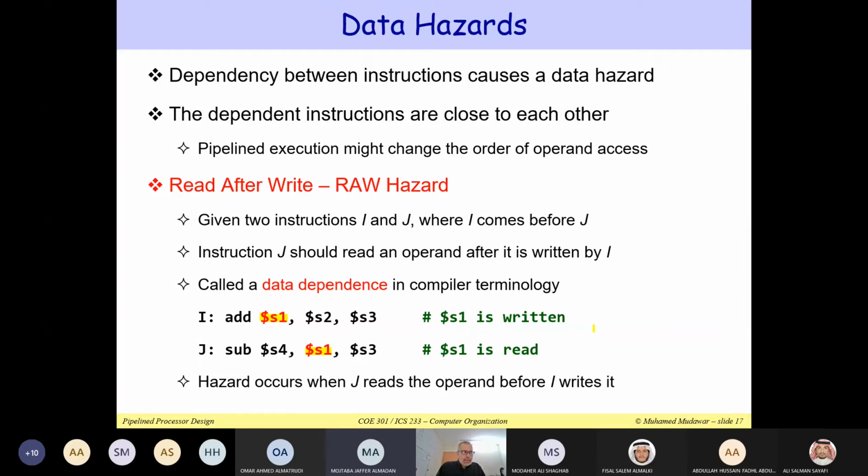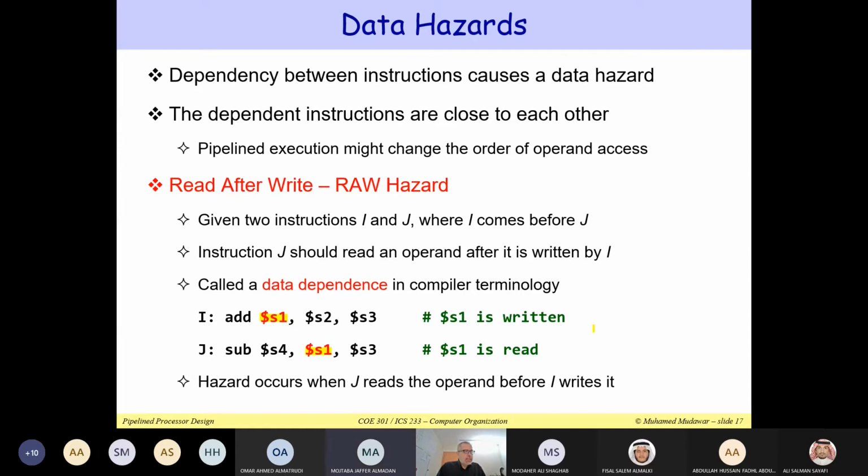S1. No, not necessarily. In fact, in the case of pipelining, we are writing to S1 in the last stage of the pipeline. So the instruction has to go through the 5 stages and write back during the last stage. But for the subtract instruction, when do we read S1? In what stage?